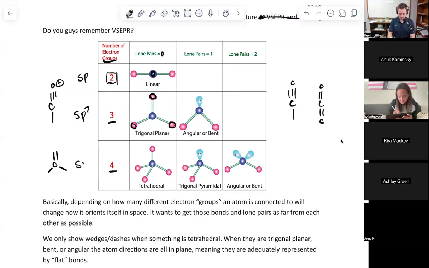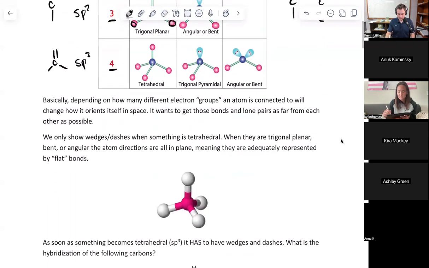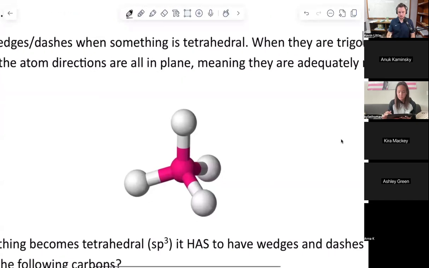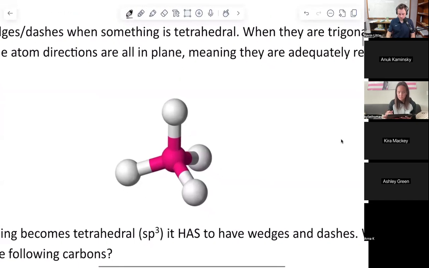And that makes this sp3. So anytime, period, I have an sp3 carbon, any sp3 anything, it could have lone pairs, that's going to be in a third dimension. Hopefully this is a better picture. This picture kind of makes more sense, right?